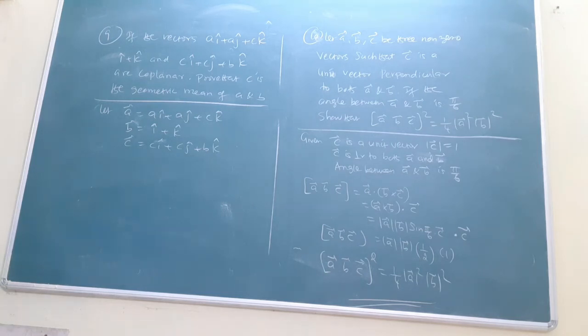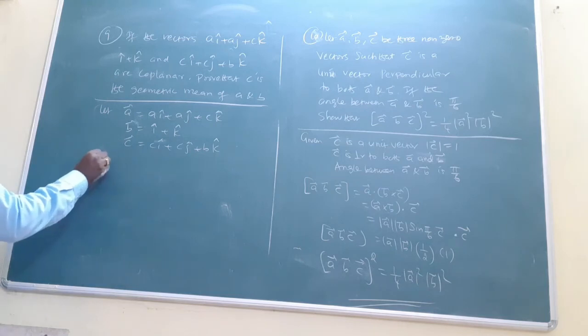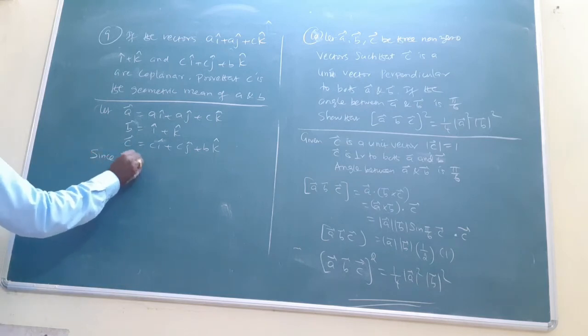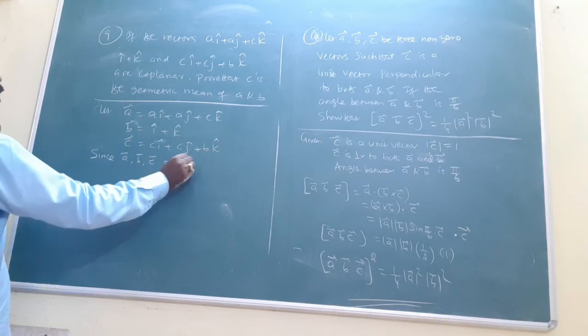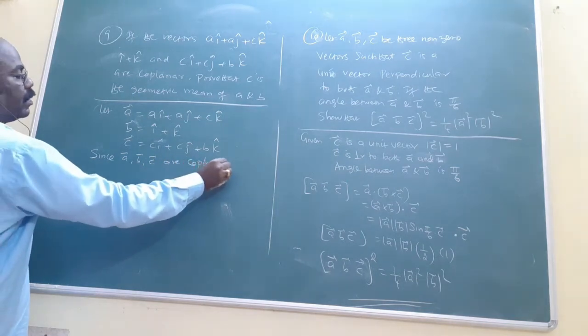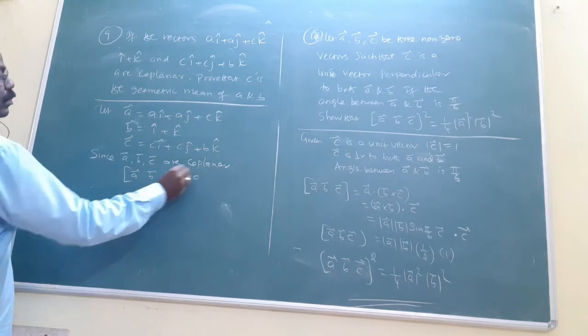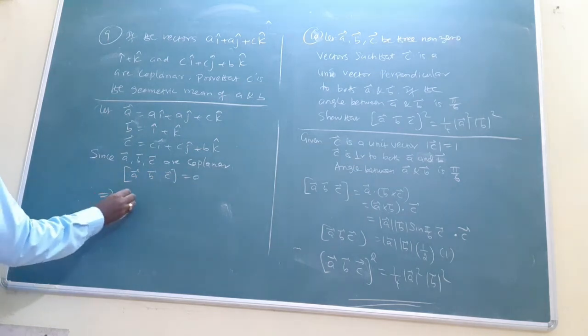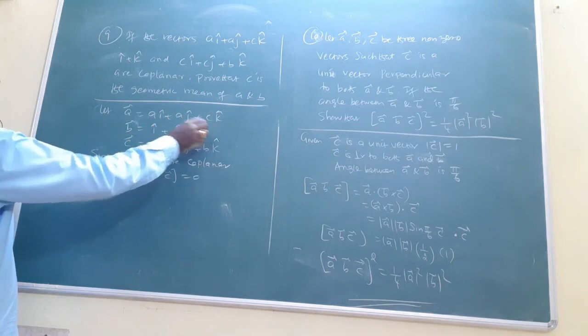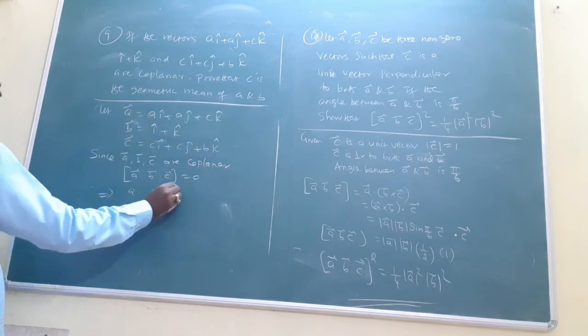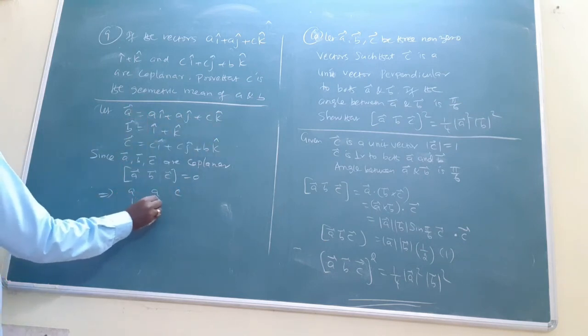Now the same concept. Three vectors are given, since A vector, B vector, C vector are coplanar. That means what? The box product equals 0 is the formula. Now substitute again. First row is i, j, k in A vector: A, 0, C. Next, 1, 0, 1.